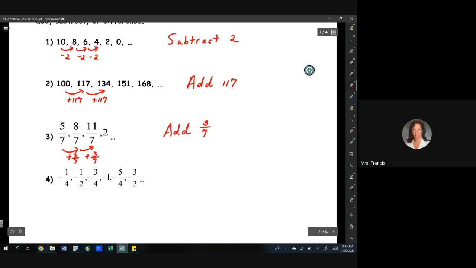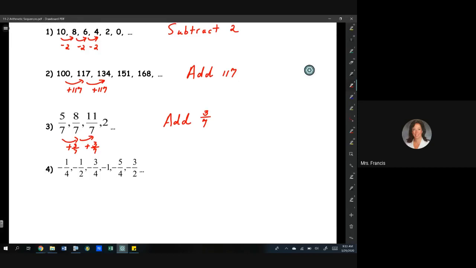If you weren't sure, you could use your calculator and do 8/7 minus 5/7, and you would get 3/7, or 117 minus 100, and you'd get 17, or 8 minus 10, and you'd get -2. If you look at number 4, it's got fractions, it's got negative numbers, could be a little confusing.